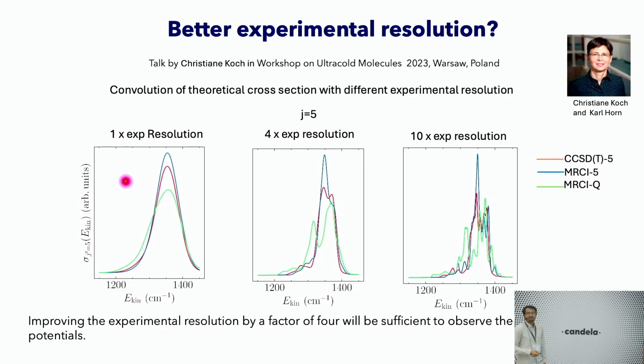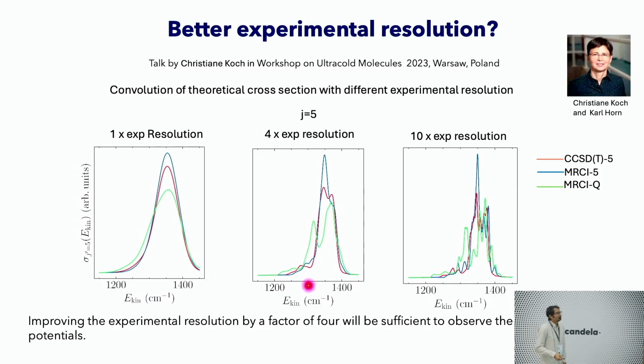Three of them look almost similar, but if we can increase the resolution in our experiment at least, let's say, 4 times, which is realistic but hard, then you can start to see the differences in this kind of final state distribution. And if you could do 10 times, that would be fantastic. Then you can see that all three potential surfaces actually look very different in the final state distribution. This is done for only one J state, J=5.